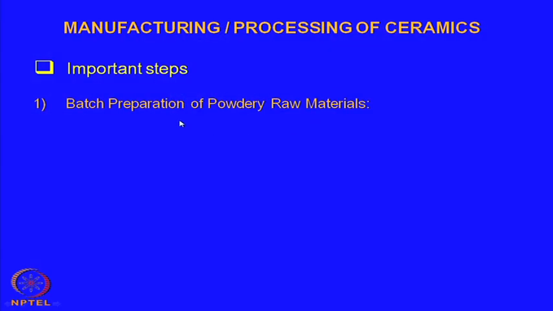So, this is your first step, the batch preparation. You have to prepare some batch, that is, you mix different raw materials. If you want to take a mixed oxide, for example, the raw materials in appropriate proportions must be mixed together. So, you form a batch preparation for the powdery raw material.